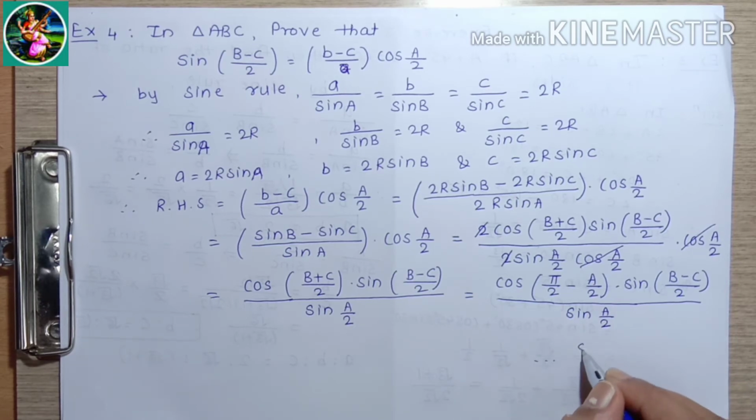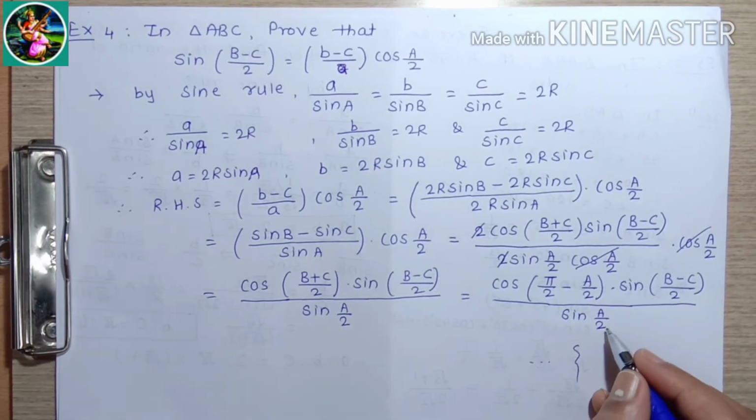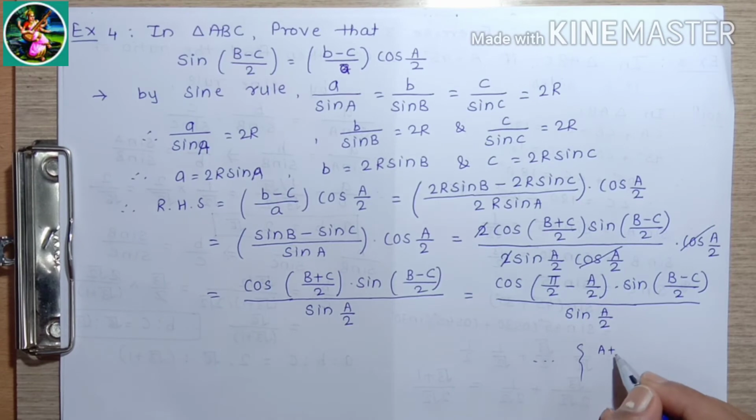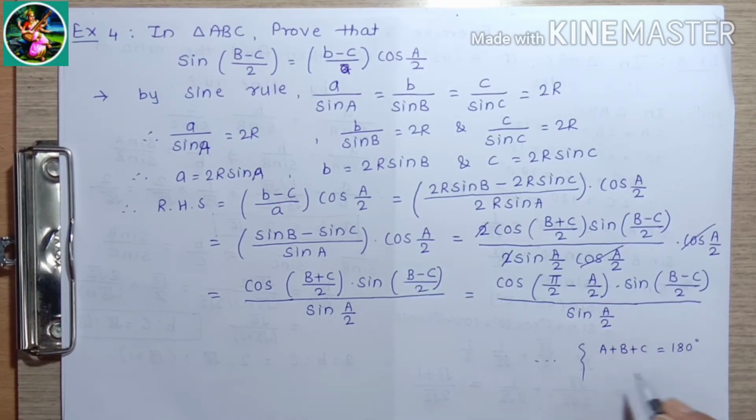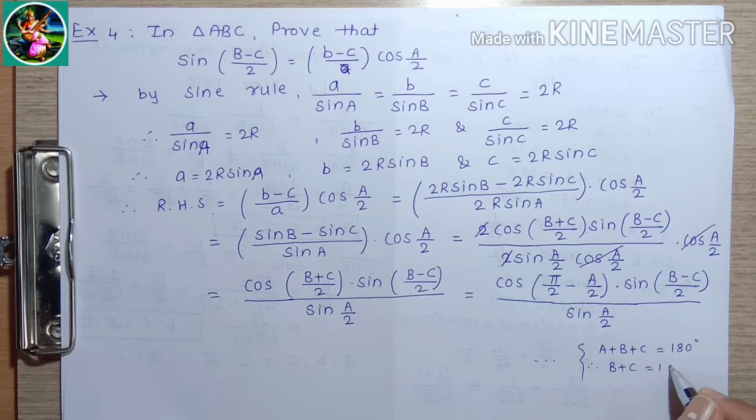Because we know that in any triangle ABC, A plus B plus C is equal to 180 degrees. Therefore, B plus C is equal to 180 degrees minus A. Therefore, B plus C divided by 2 is equal to 90 minus A upon 2.